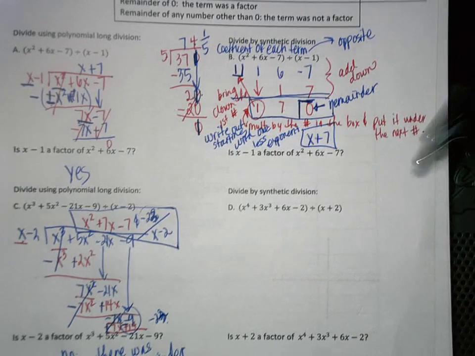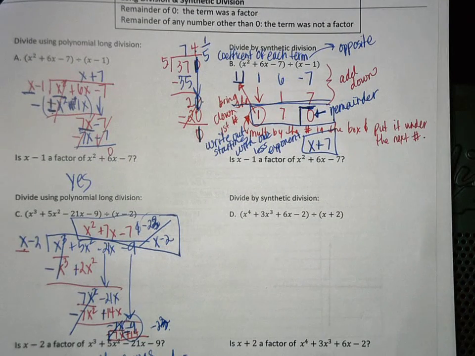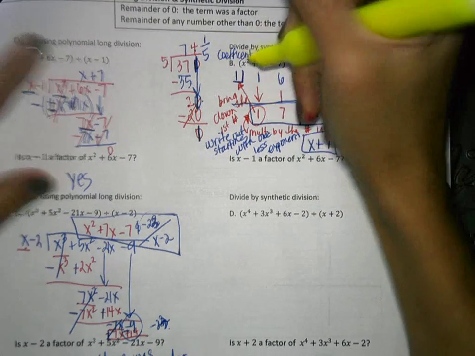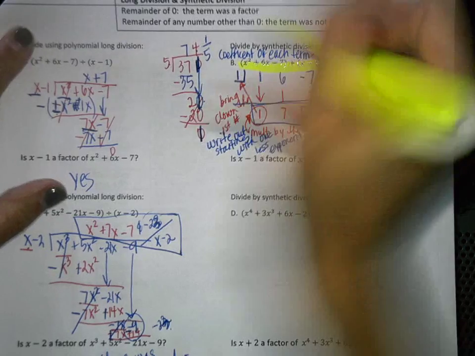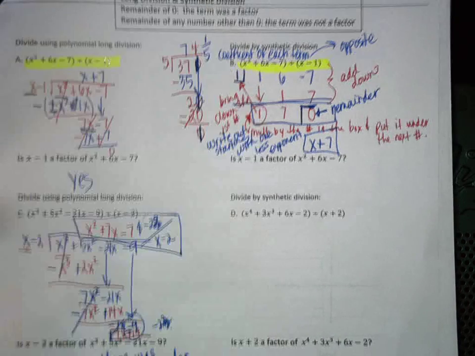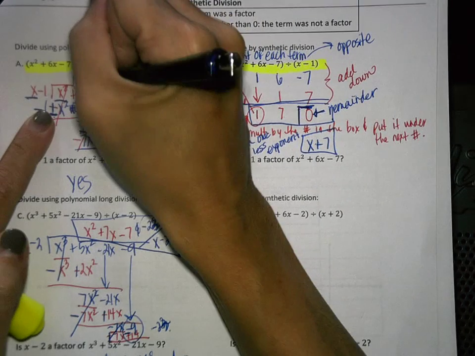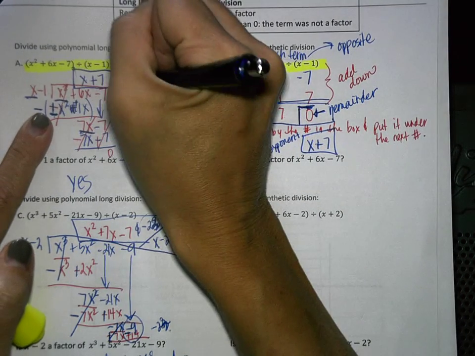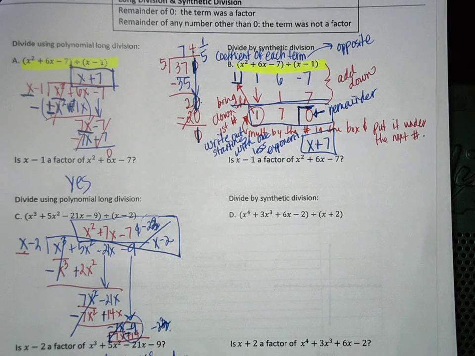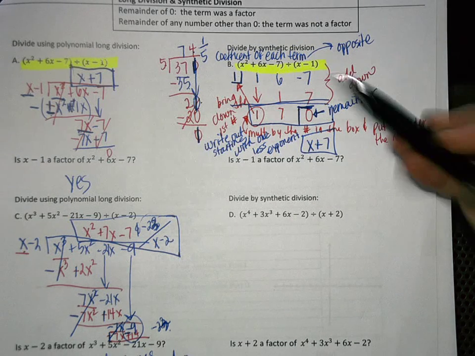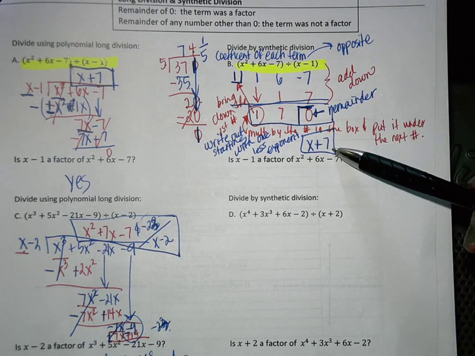Now, if you look at this problem right here and this problem right here, they are the same. The answer I got for this problem over here was x plus 7. The answer I got for this problem over here was x plus 7.